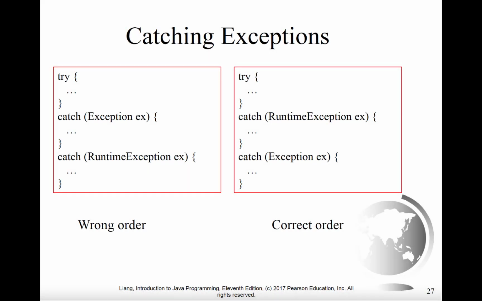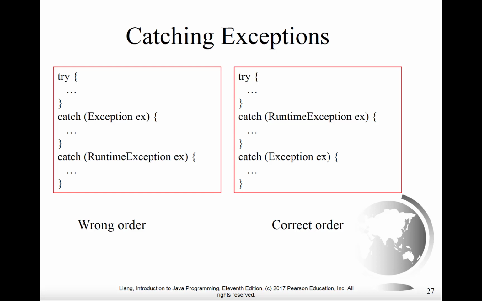Now, many slides ago, we looked at this sort of inheritance diagram between all the different exception objects, and you may recall that exception is a parent of runtime exception. So bear that in mind while we look at this slide to understand why the order of the catch blocks is not going to work on the left hand side, and in fact the correct order is that shown on the right hand side only.